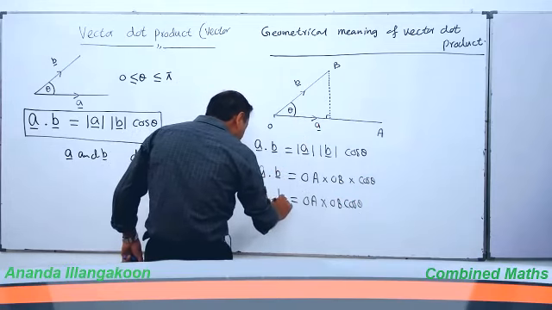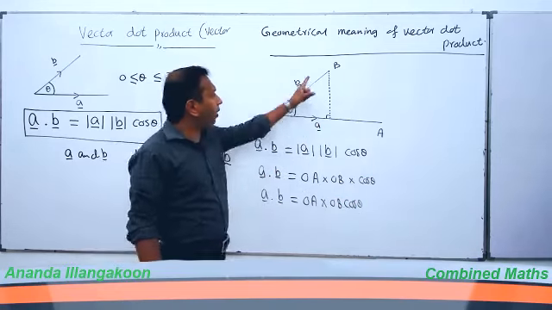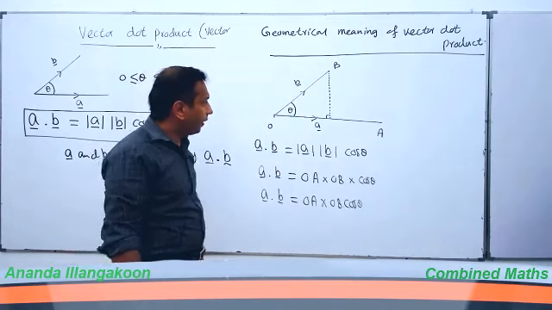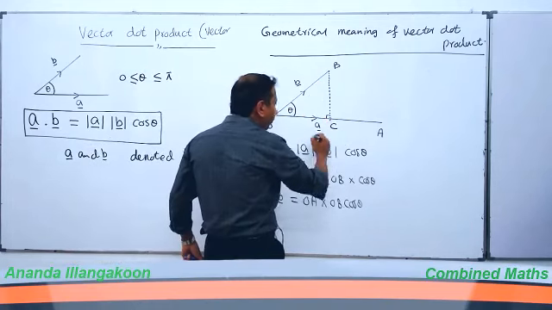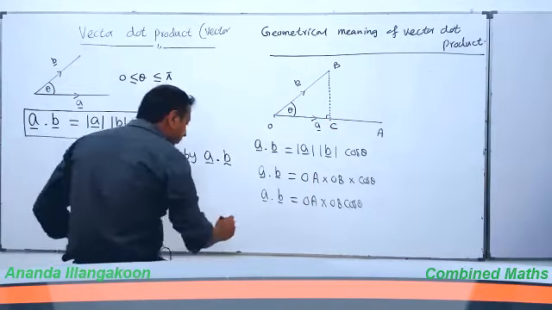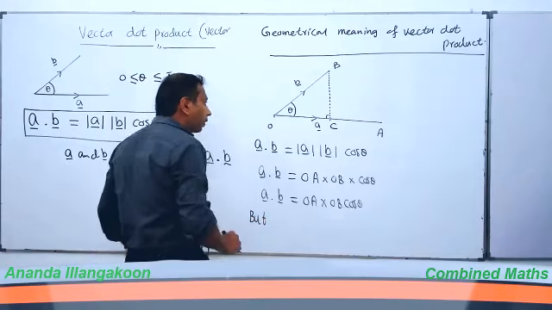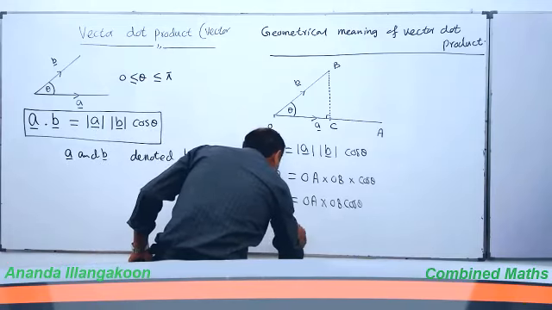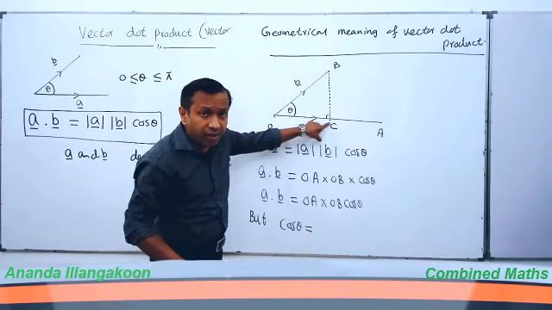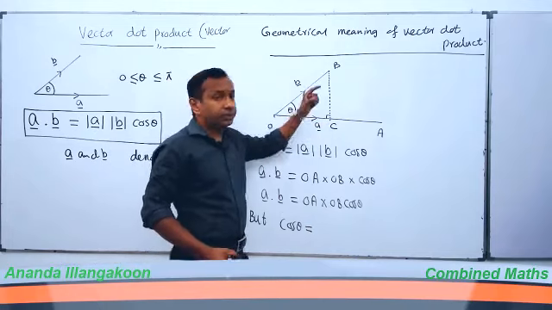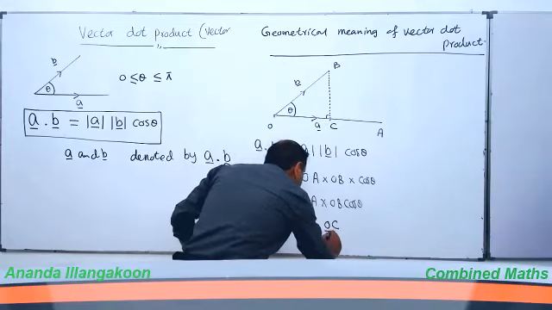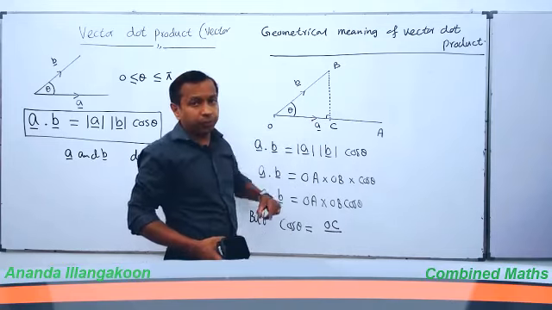People, what is this OB cos theta? If I take this point as C, we can write cos theta like this, no? But what is cos theta? Cos theta is adjacent side divided by the hypotenuse. Adjacent side is OC, divided by the hypotenuse OB.